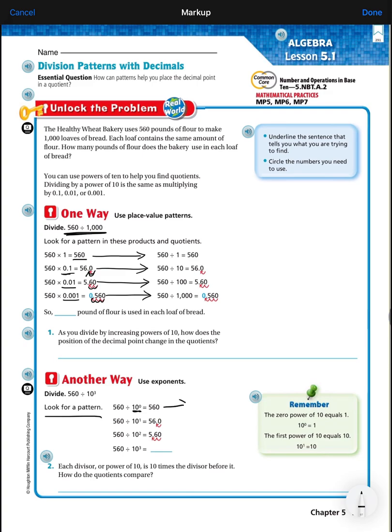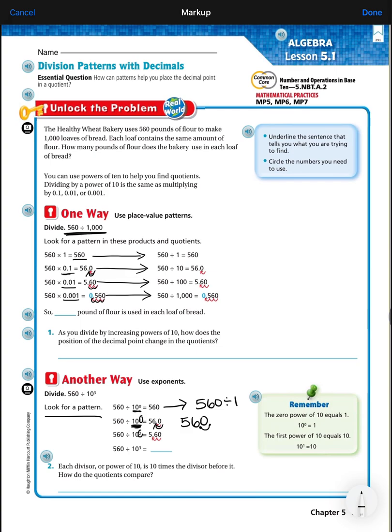So 560 divided by 10 to the 0 power is the same as 560 divided by 1, which anytime you divide by 1, you just get your answer. Then they give us 560 divided by 10 to the first. Well, that little number 1 tells us we have to move our decimal point 1 place. So if we have 560 and our decimal point's at the end, we move it 1 place.